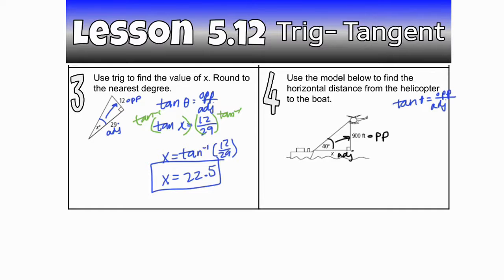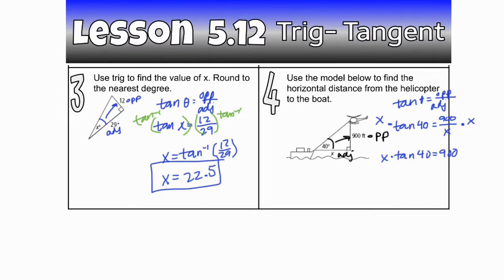So the tangent of 40 is equal to the opposite, which is 900, divided by the adjacent, which is x. So this time to undo that, I'm going to have to multiply by x on each side. And so I'm left with x times the tangent of 40 is equal to 900.